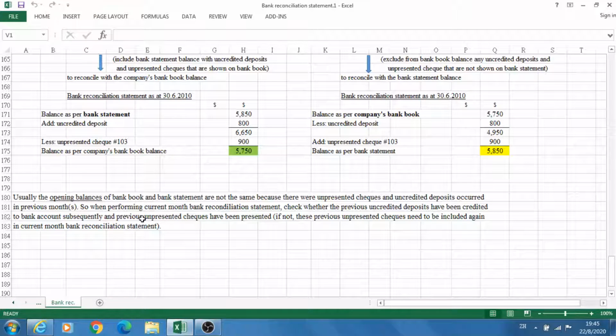So when performing current month bank reconciliation statement, check whether the previous uncredited deposits have been credited in bank account subsequently and previous unpresented checks have been presented. If not, these previous unpresented checks need to be included again in current month bank reconciliation statement.